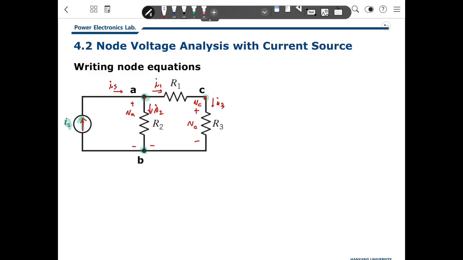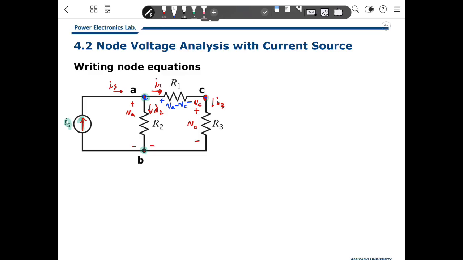So we can make the current a function of node voltage. Because this is VA and this voltage is VC, for the current I1, the voltage difference from here to here, with plus and minus, is VA minus VC.